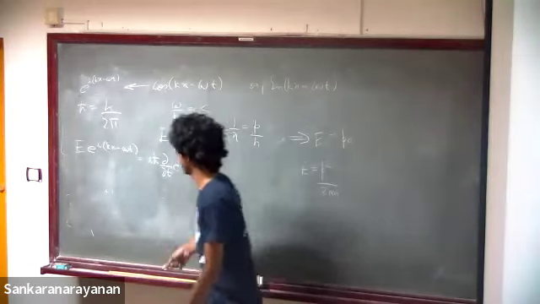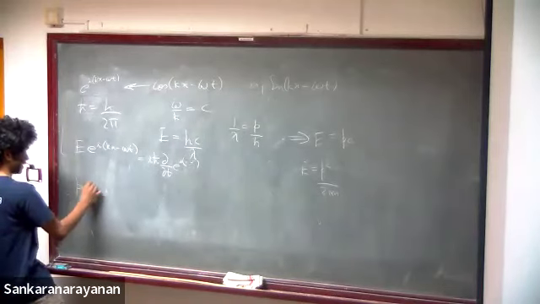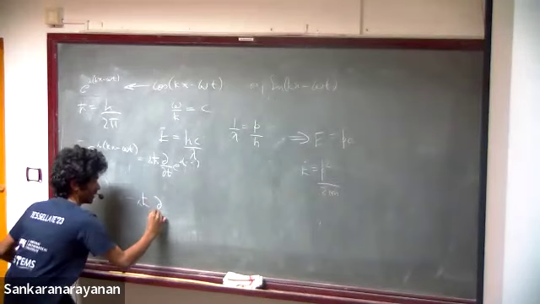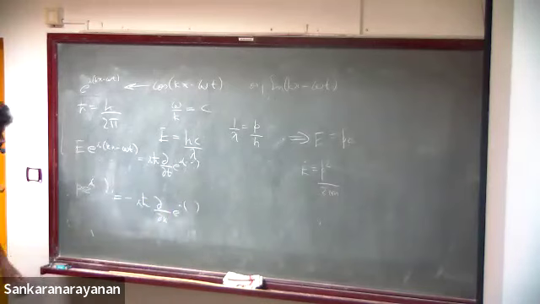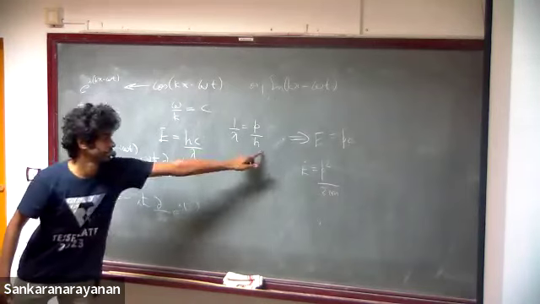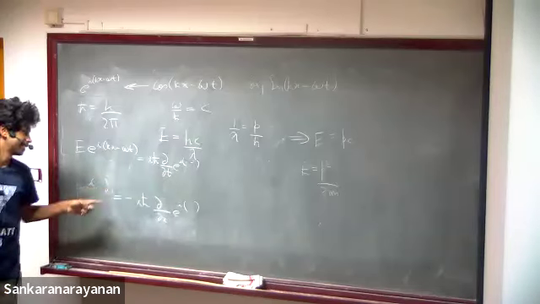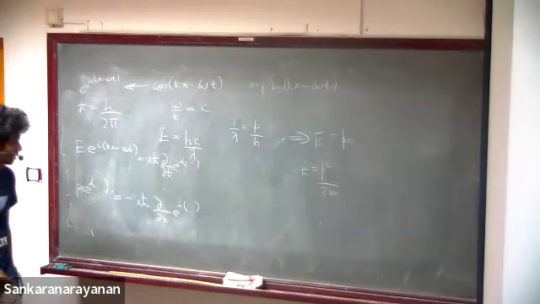So similarly, momentum times e to the i so and so is minus i h bar dou by dou x e to the i so and so because of this relation. So k gets carried over, and you can see this is holding true.